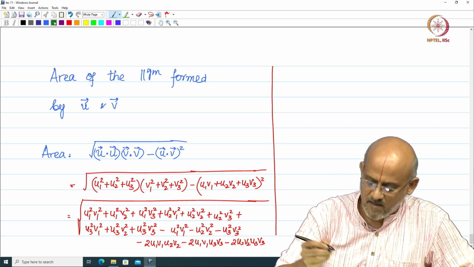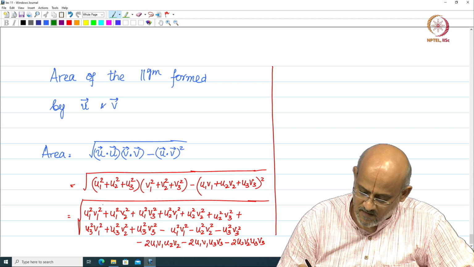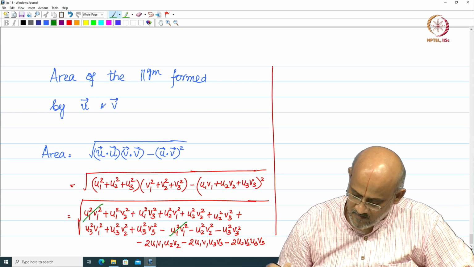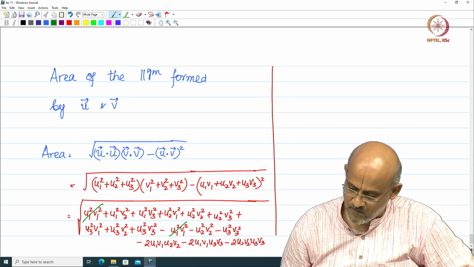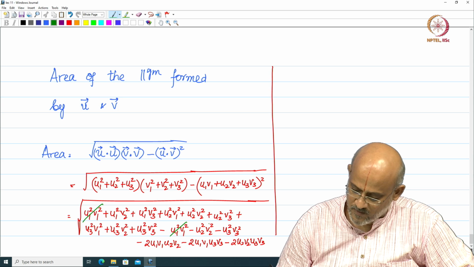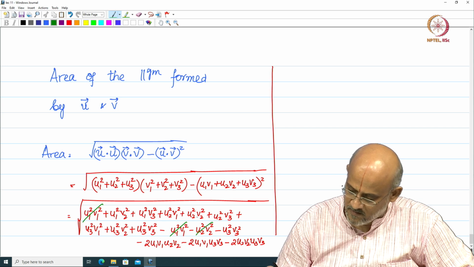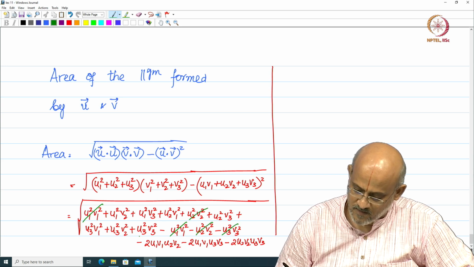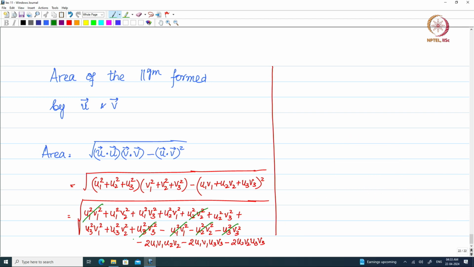And if you see here, all these terms get knocked off: u1 square v1 square, u2 square v2 square, u3 square v3 square get knocked off. So, what are we going to get?